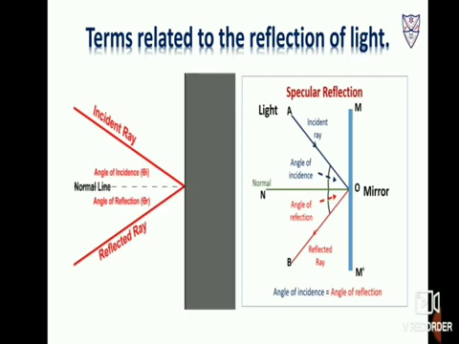The angle formed by the reflected ray with the normal is the angle of reflection. And normal is a line drawn perpendicular to the mirror surface at the point of incidence. These six terms you have to learn properly: incident ray, point of incidence, reflected ray, normal, angle of incidence and angle of reflection.